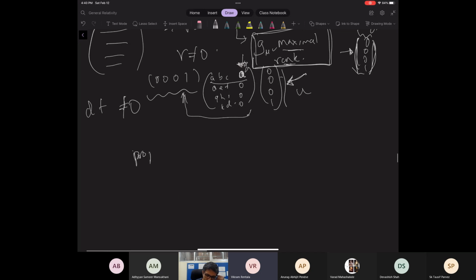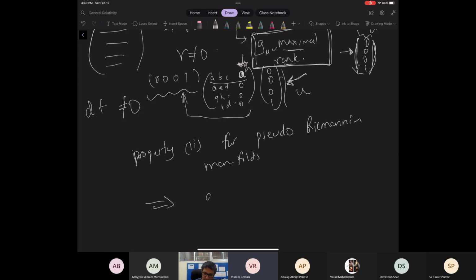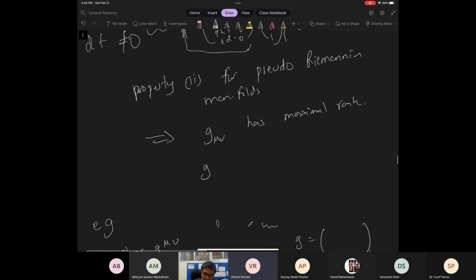So property 2 for pseudo-Riemannian manifolds. The implication of this property is that G mu nu has maximal rank, which means that the determinant of G mu nu is non-zero.